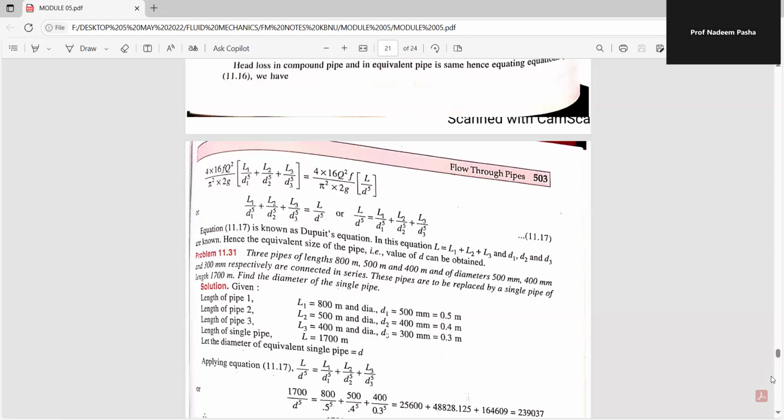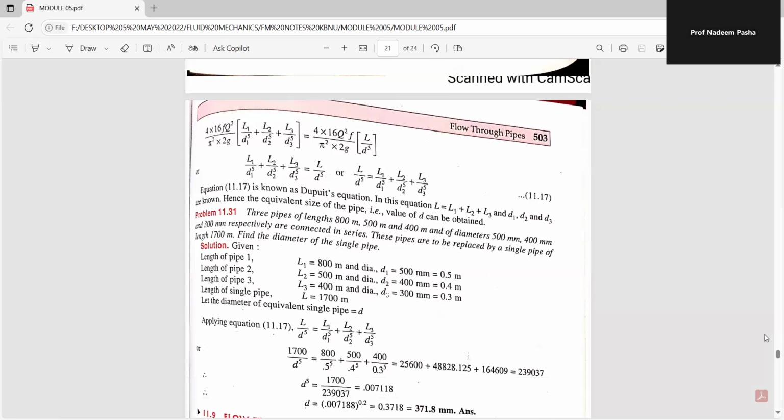Now, let the diameter of the equivalent pipe be D. So we are assuming the diameter of the equivalent pipe to be D. So L divided by D raised to 5 is equal to L1 divided by D1 raised to 5 plus L2 divided by D2 raised to 5 plus L3 divided by D3 raised to 5. Capital L is known to you. How do you calculate capital L?